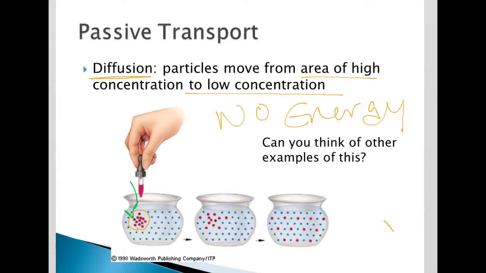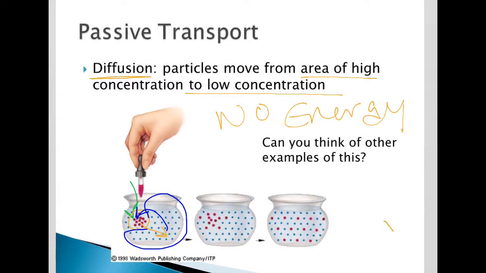But in the other system, we have a high concentration of water molecules. Both of those are in high concentration, and they like to go to areas of low concentration. For the water molecules, they want to go over here, and for the coloring molecules, they want to go basically anywhere that other food coloring particles are not.